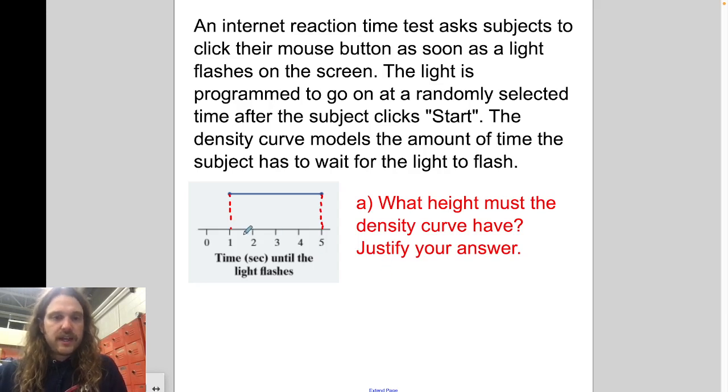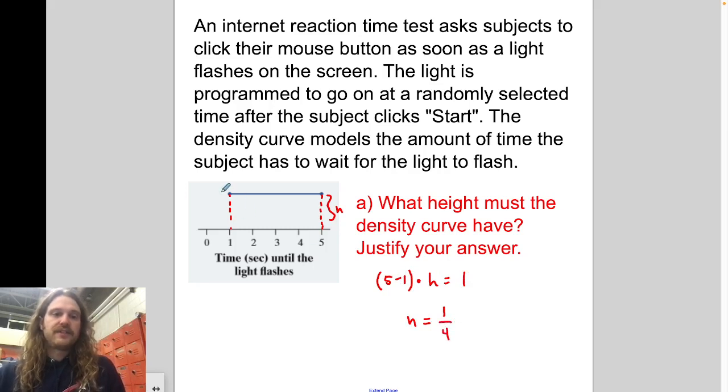I know that the length of my rectangle is going to be 5 minus 1, and the height of my rectangle, we're going to call this h, and that's what we're after. So 5 minus 1 times h is equal to 1. 5 minus 1 is, of course, 4. So the height of my rectangle would be 1 divided by 4, or 1/4.